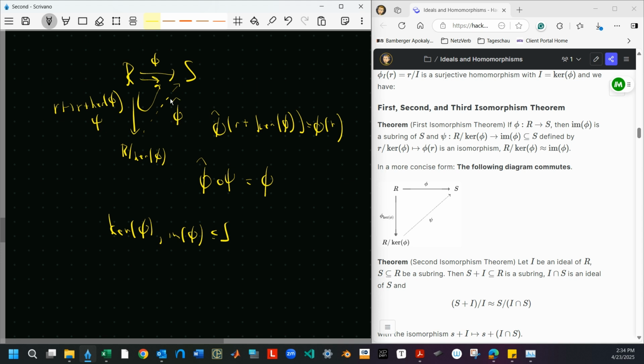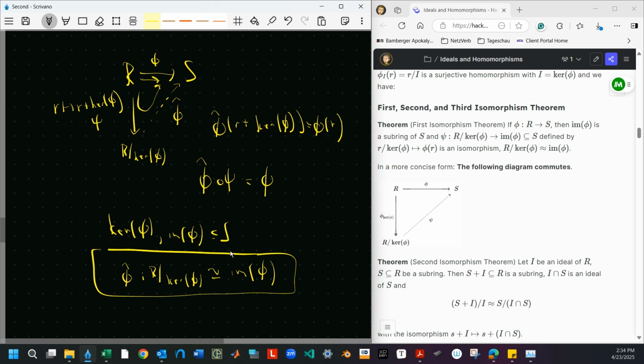This map here, maybe that's the thing to say here, is that this is actually an isomorphism. So this is a bijection. So phi hat is actually an isomorphism of R mod kernel phi isomorphic to the image of phi. So that's important. Okay. That's it anyway.